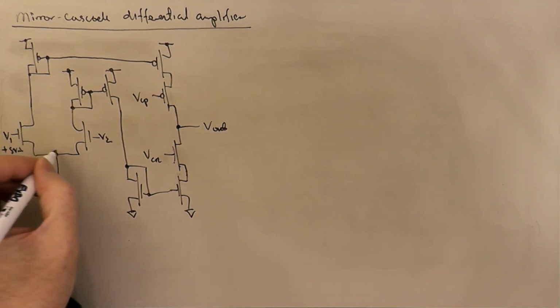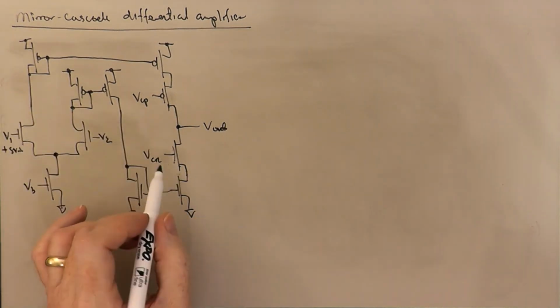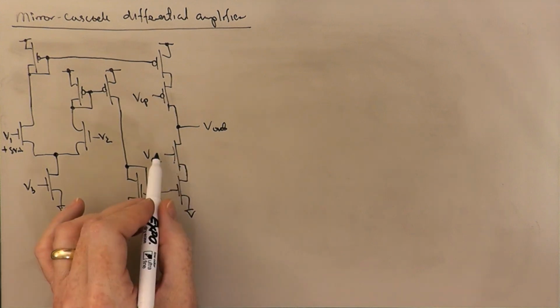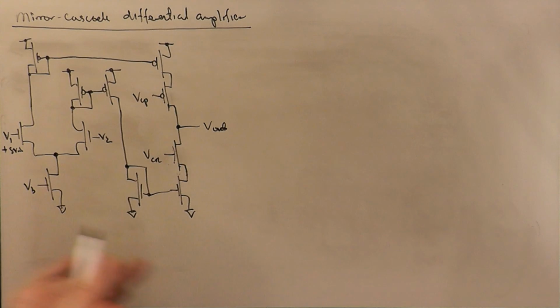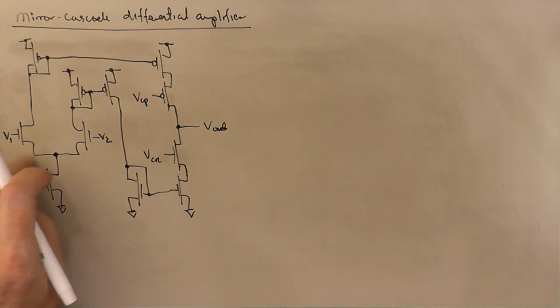Likewise, when the current's coming around the other way here, the NMOS cascode transistor doesn't get in the way of the delta I1 that's coming up and flowing to the output when we have the output voltage held fixed.